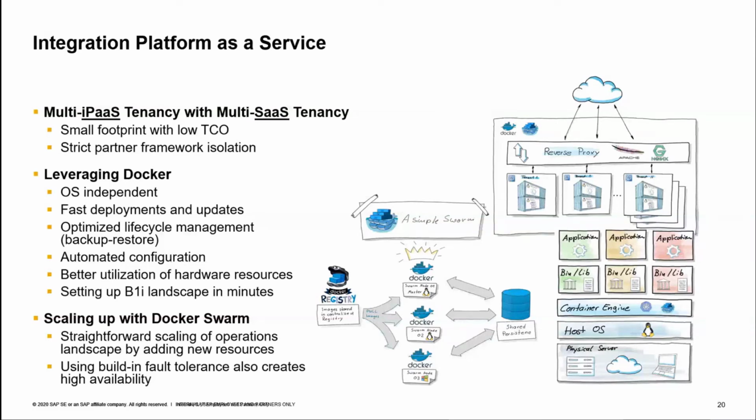It means a multi-integration platform as a service. Basically, we can run B1i now in Docker. We might have multiple B1i deployments, and the central B1i instance would orchestrate the work of the multiple B1i instances.